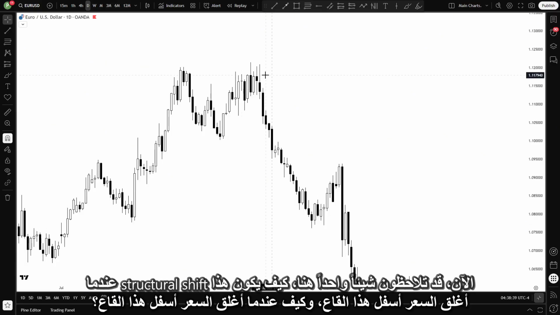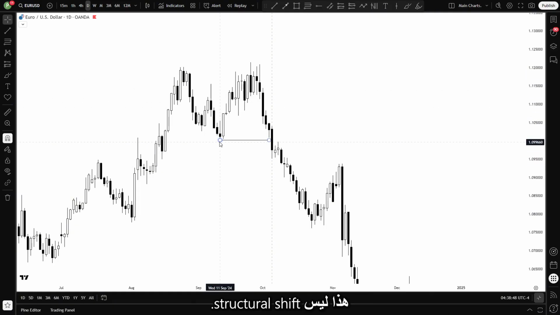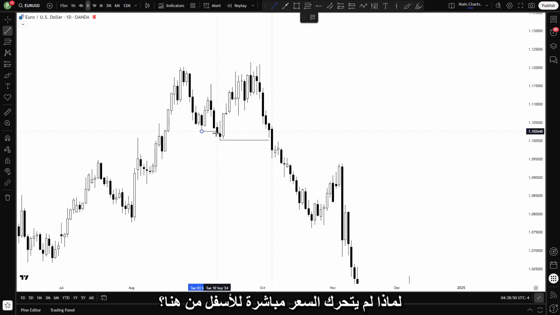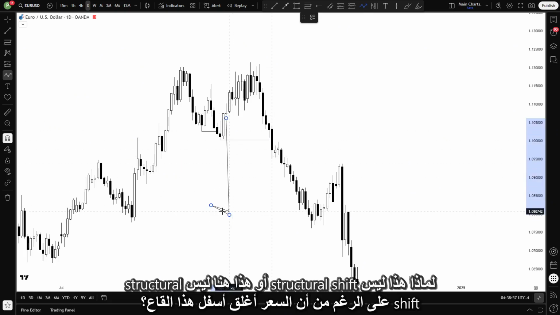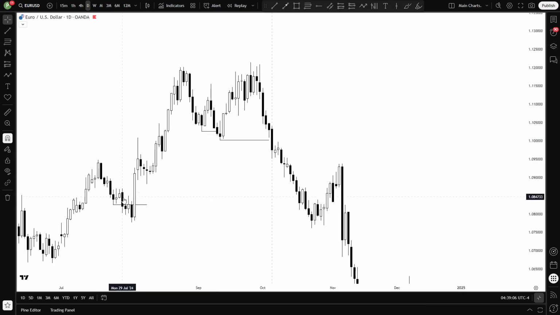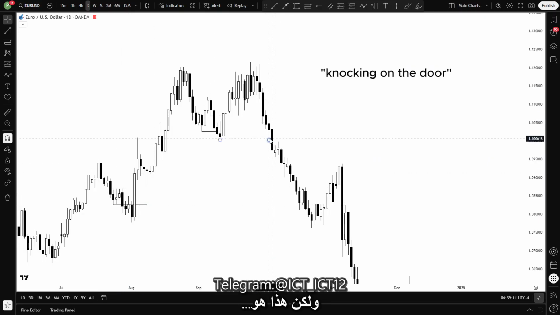Now, one thing you may have noticed here is how is this a structural shift when price closed below this low, and how when price closed below this low, this isn't a structural shift? Why didn't price move straight away lower from here, right? From here, why isn't this a structural shift, or this right here isn't a structural shift even though price closed below this low, but this is?